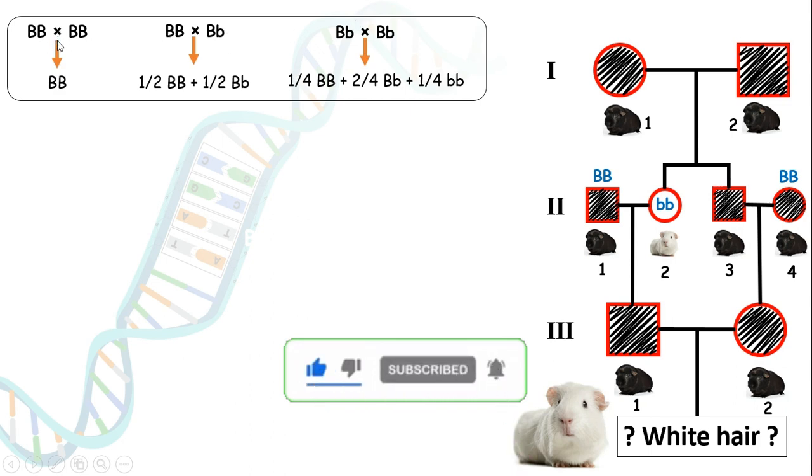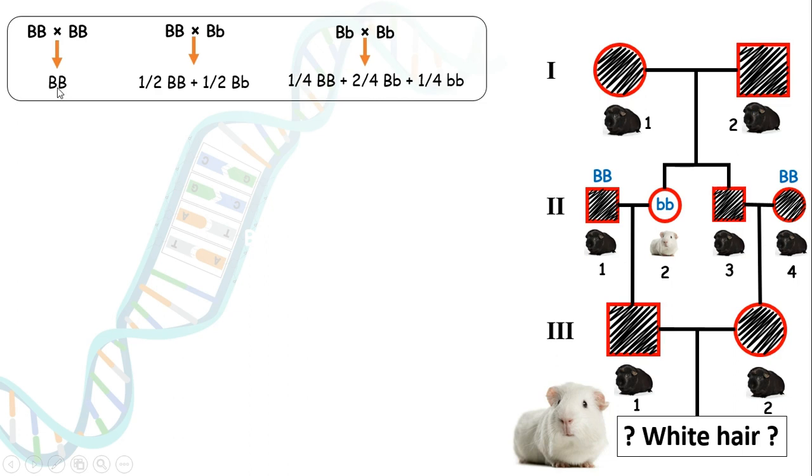If they have these genotypes, all of their offspring will have the dominant homozygous genotype. So obviously they have one offspring as the small b, so this cannot be true.